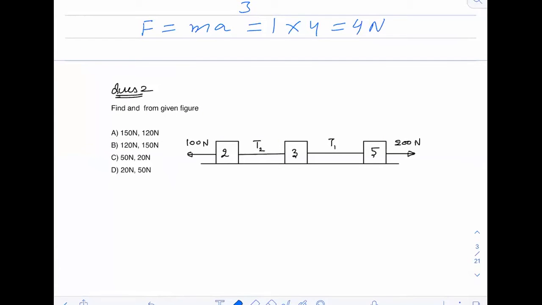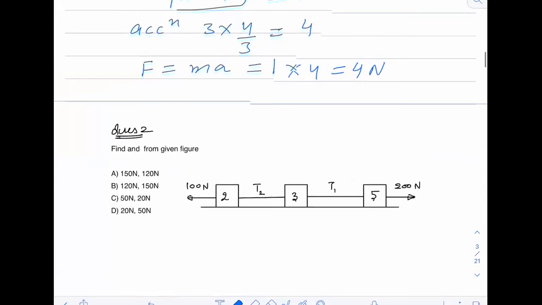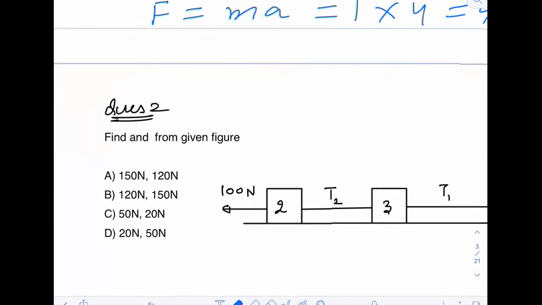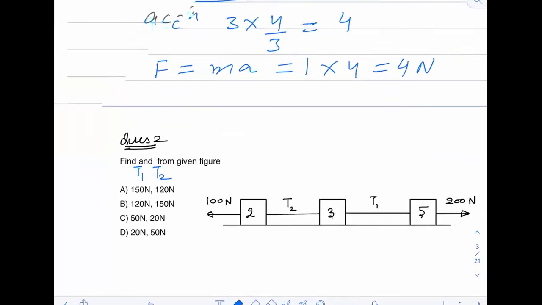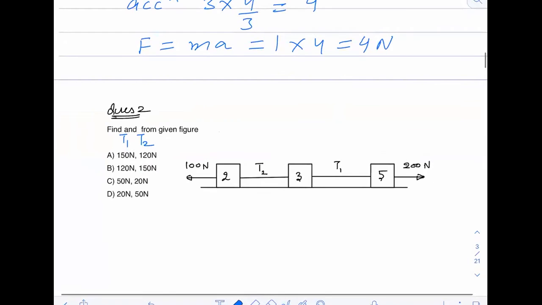You have to find T1 and T2. From the figure, find T1 and T2 from the given figure. Solve it. The value of T1 and T2. This is a very easy question.